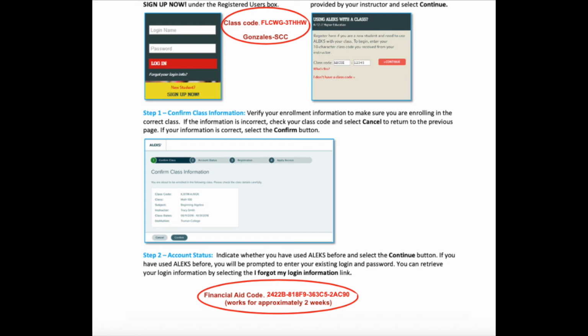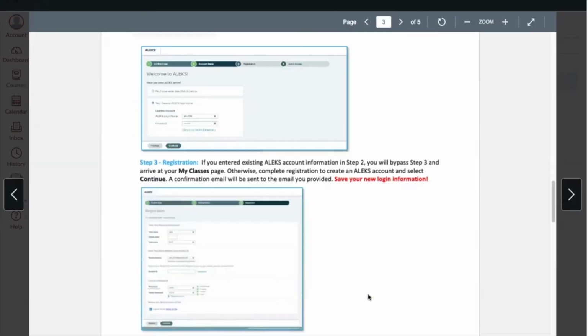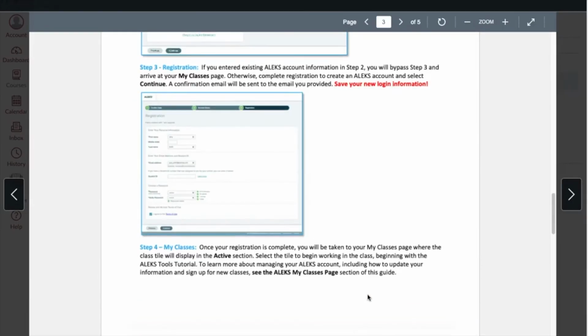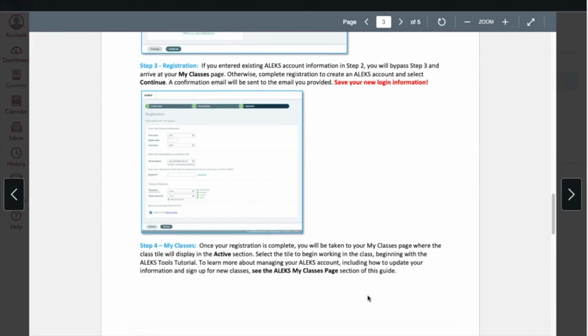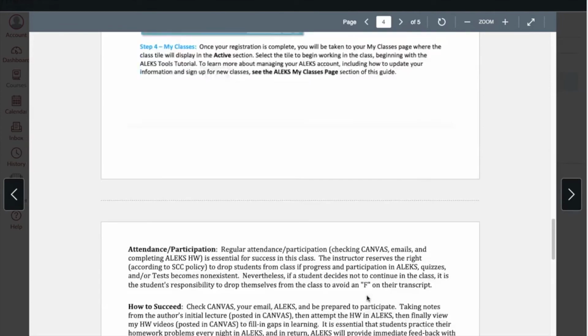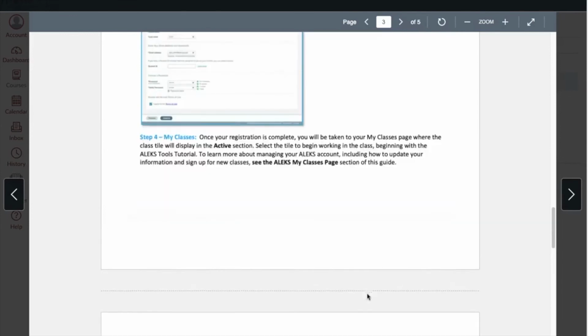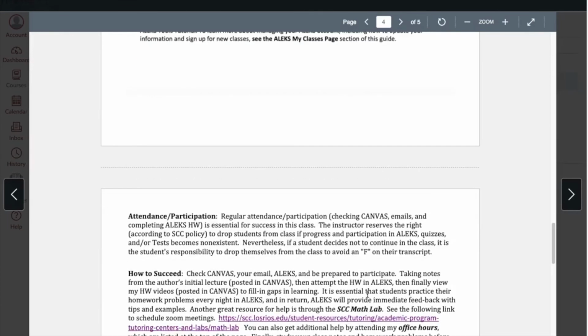But it's a nice workaround for people that don't quite have the money at the beginning of the semester so you can get started and not fall behind. So use this as temporary access for about 2 weeks, and then you must get the full copy or upgrade to a full account. And those are just the steps. You can go ahead and look and see how to actually do that.